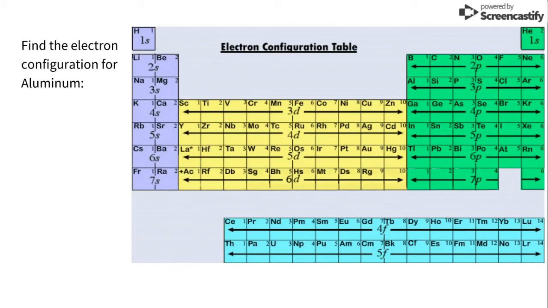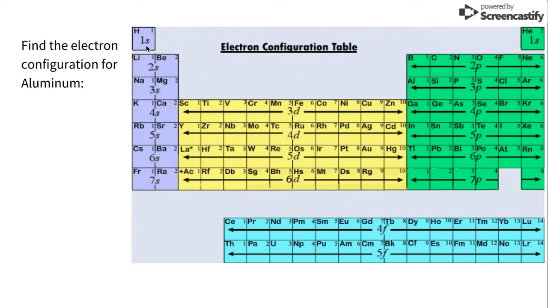Now, an easier way to figure out this electron configuration is using that periodic table. Remember, we showed that the periodic table can show us the order of our orbitals as we read from left to right. If I want to find the electron configuration for aluminum, I can find aluminum on the periodic table right here. If I come up here, starting with hydrogen, I have 1s.